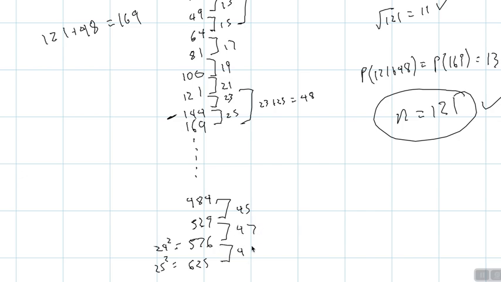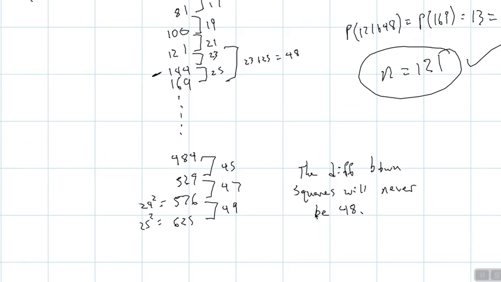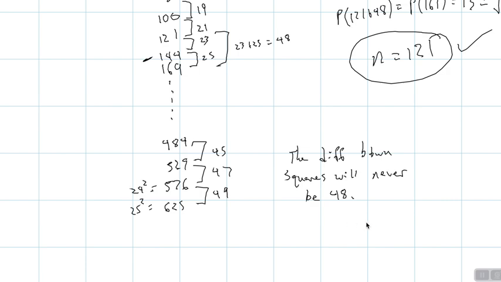The difference between these is 49. So the difference between two squares will never be 48.